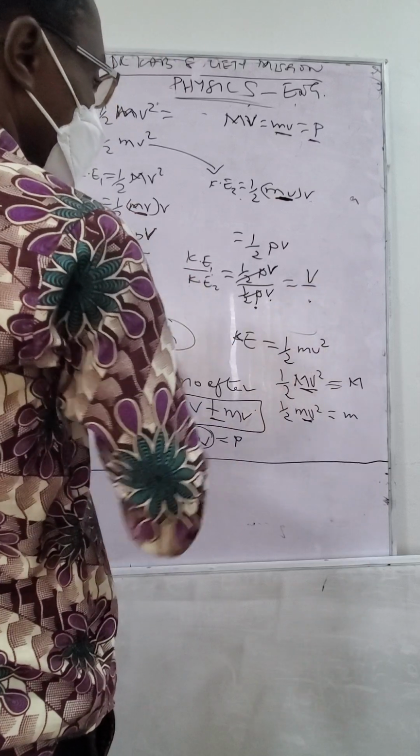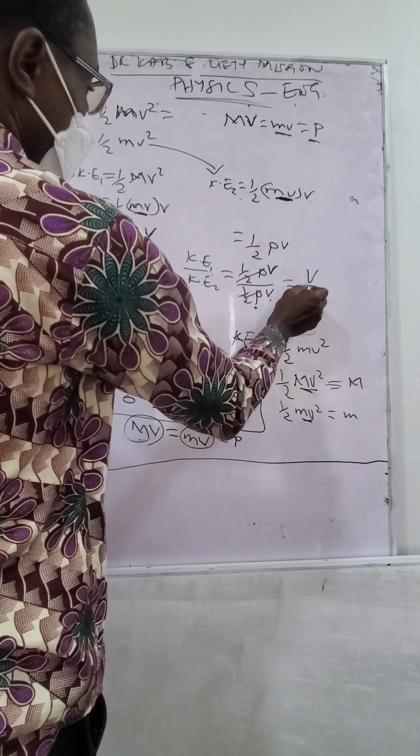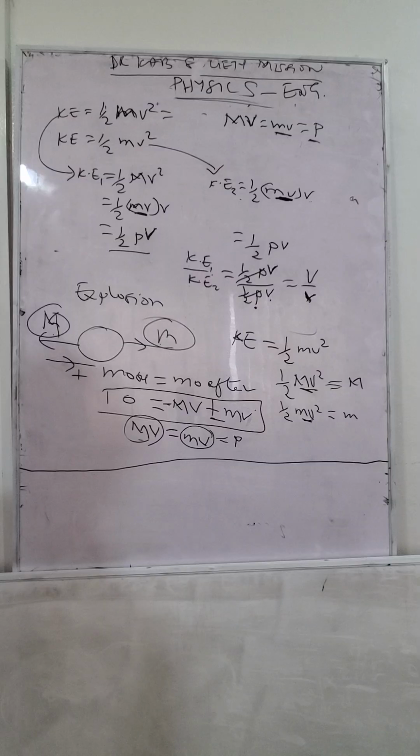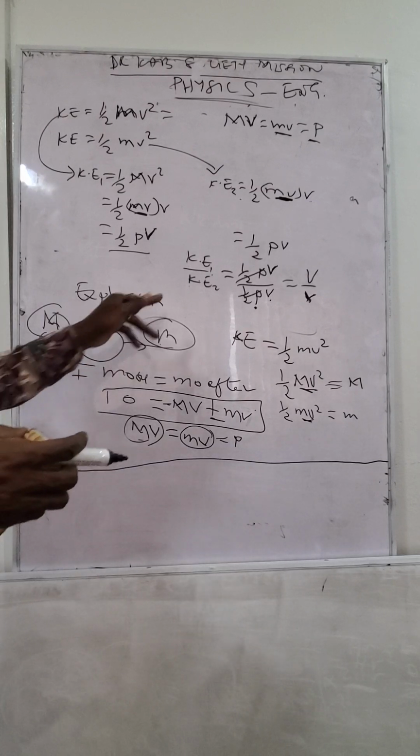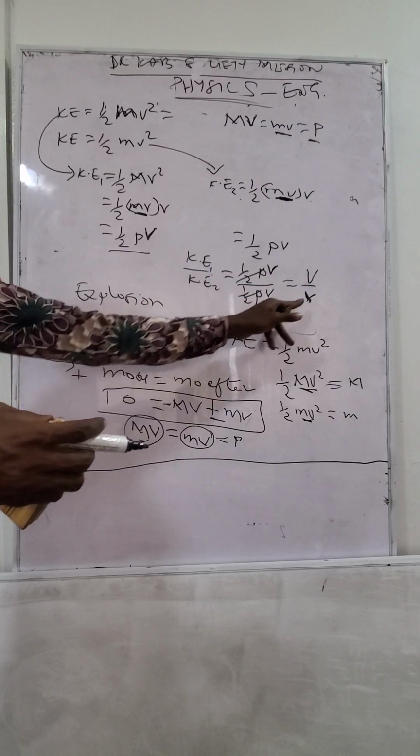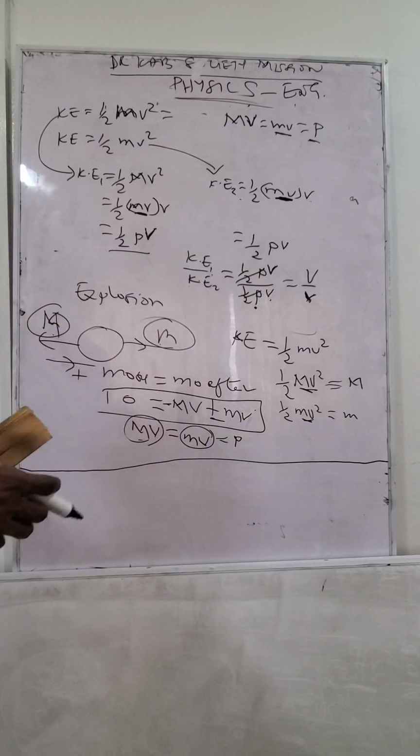So you're going to have a ratio between that and this. That's the ratio in terms of kinetic energy, and you can use it to work things out. So the kinetic energies are proportional to the velocities.